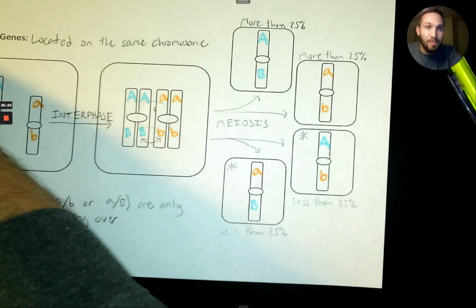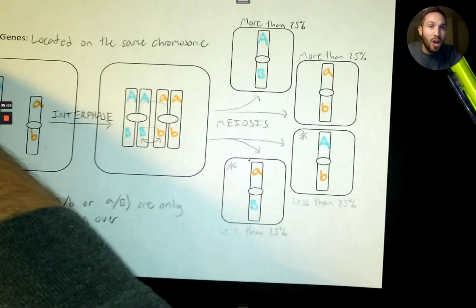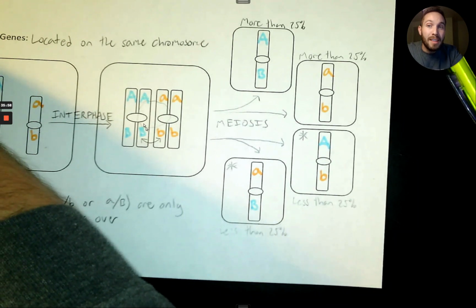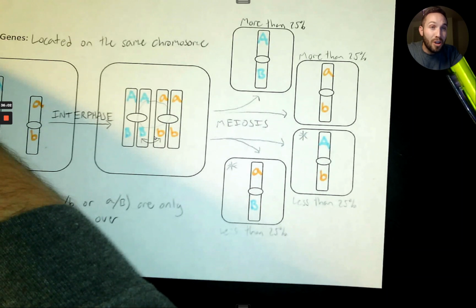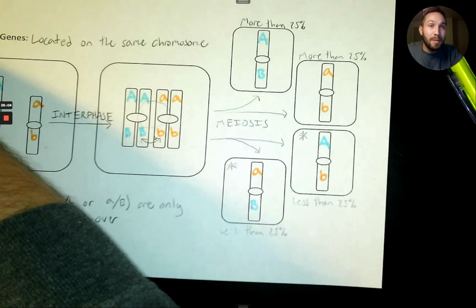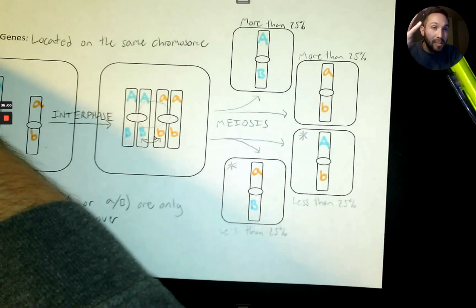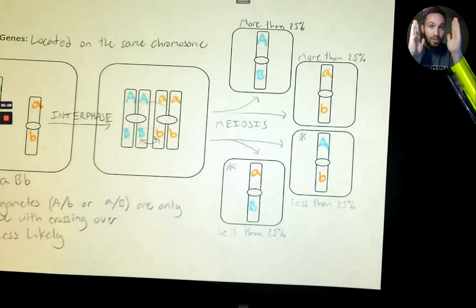So Thomas Hunt Morgan figured this out, that looking at the recombinant offspring gives you an idea of how close those two genes are. And so what you guys just need to memorize and hopefully conceptually understand is that the closer the genes are together, the less often crossing over is going to happen between them, which means the smaller the recombination frequency is going to be.